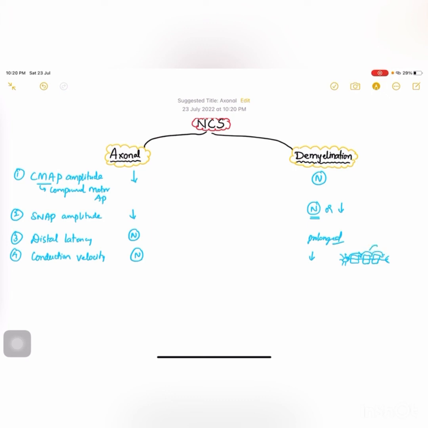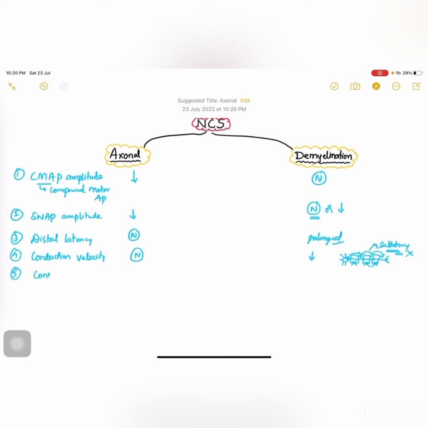This is called saltatory conduction, which imparts increased velocity to the nerve impulse to conduct fast. Due to the loss of myelin in demyelinating neuropathy, this saltatory conduction is lost. So the conduction velocity gets reduced in demyelinating polyneuropathies.